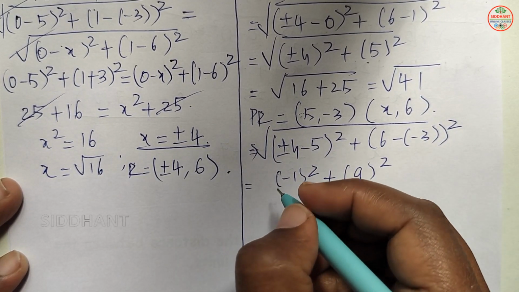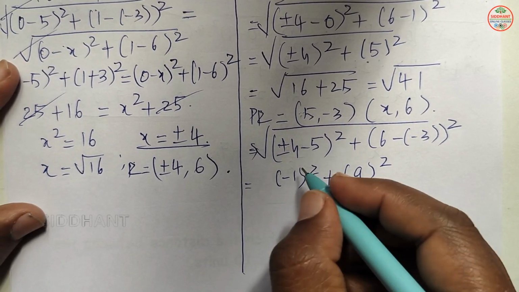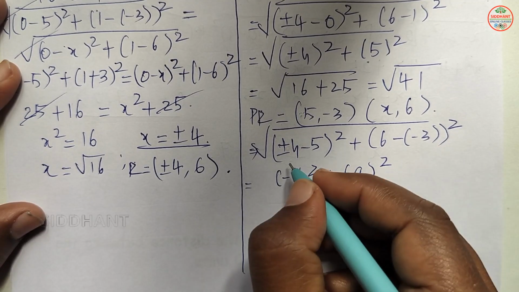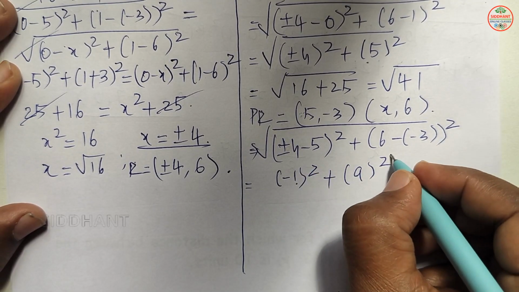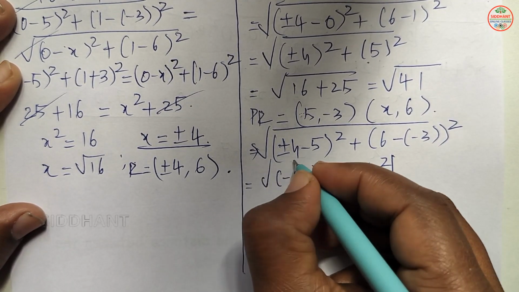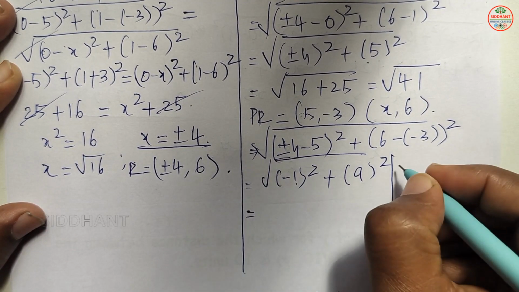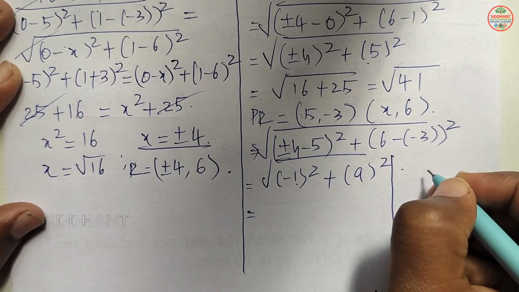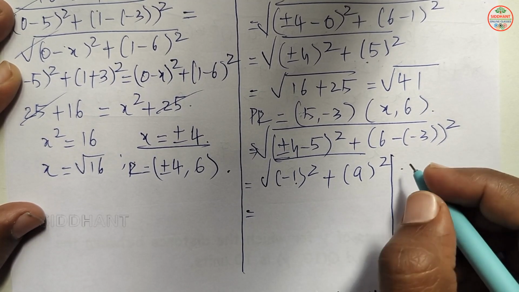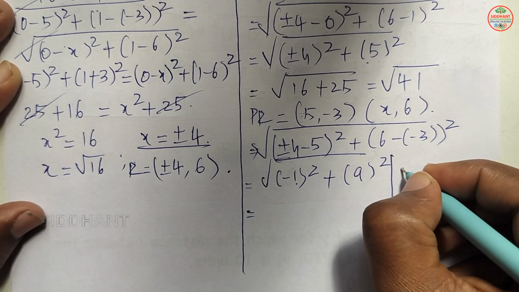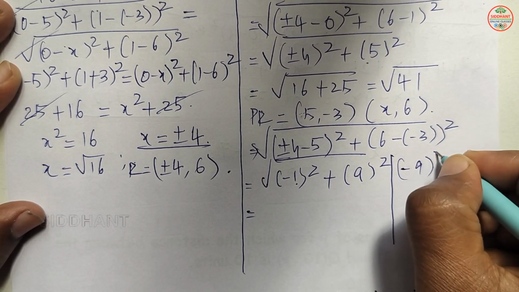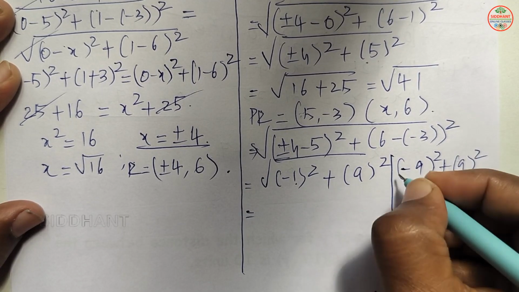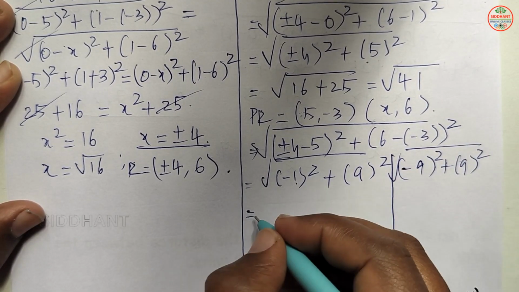So when you keep plus 4, we get minus 1. If you are going to keep this first, then when you keep minus 4, we are going to get minus 4 minus 5, which will be minus 9, plus 9 square, all under the square root.